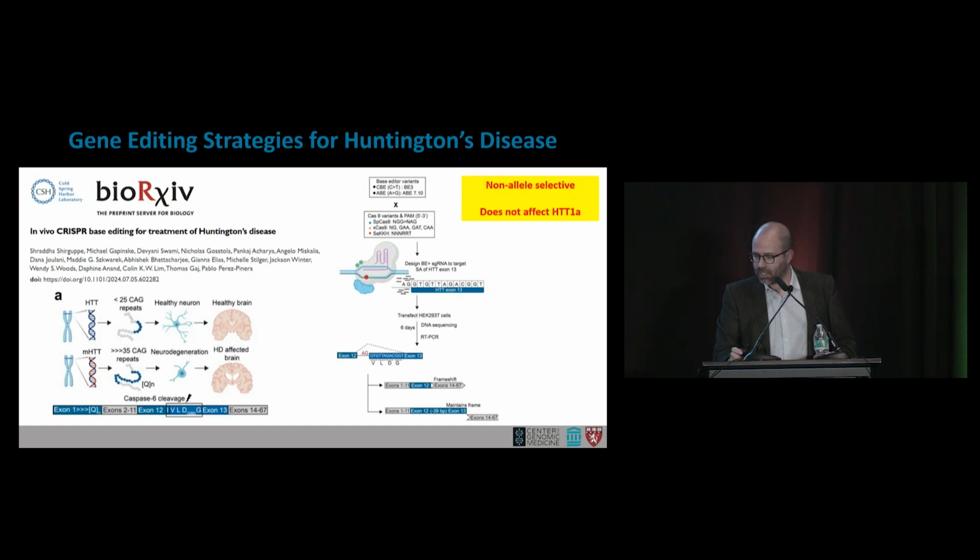An alternative strategy is based on the idea that caspase-6 cleavage in exon 13 is an important driver of disease. Here this group is using a base editor to target just upstream of exon 13, to promote splice shifting and eliminate this caspase cleavage site.